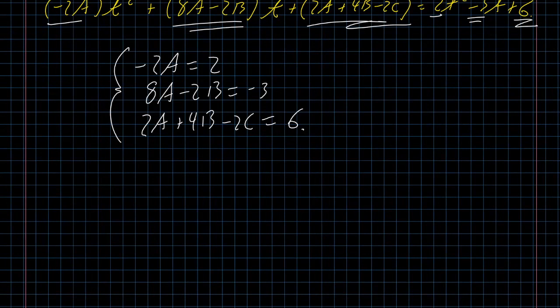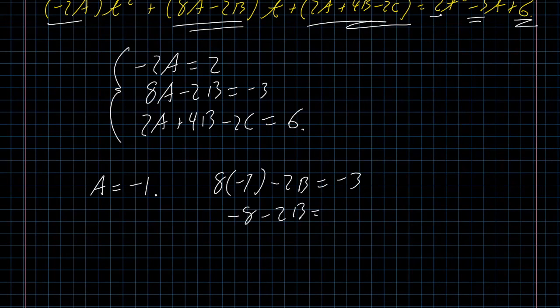If you take that first equation and just divide both sides by negative 2, you immediately get that a is negative 1. Then take that value of a and plug it into the second equation. 8 times negative 1 minus 2b is equal to negative 3. So b must be -5/2.